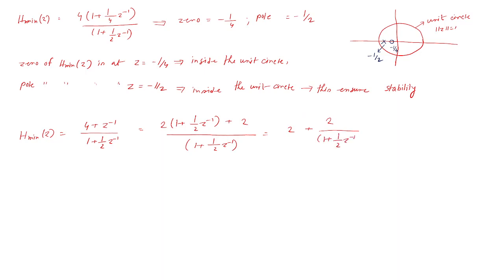We are just trying to get rid of the z term in the numerator. Now investigate this term, 1 plus half z inverse. What does it correspond to?